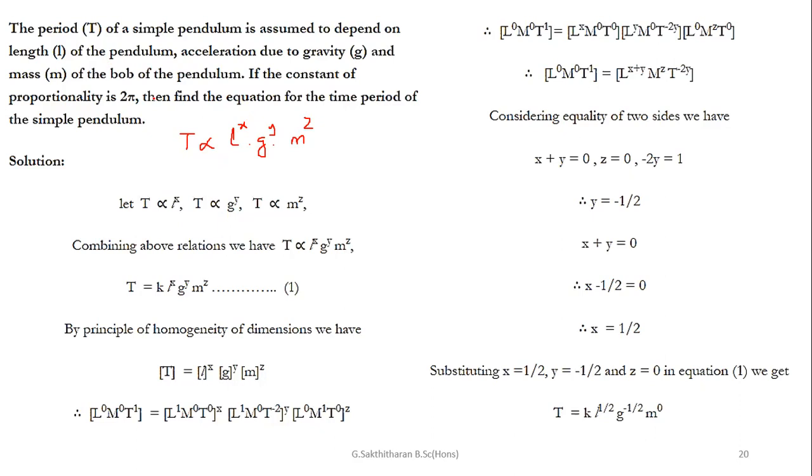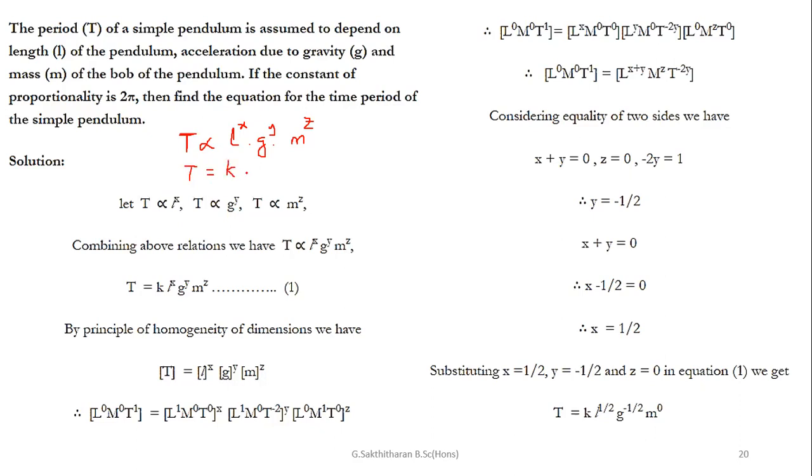So here they ask, find the equation for the time period of the simple pendulum, with relations between L, g, and m. That is, we write T proportional to L to the power x, g to the power y, and m to the power z. These are the proportional relations, so we should write an equation. We multiply by a constant k.